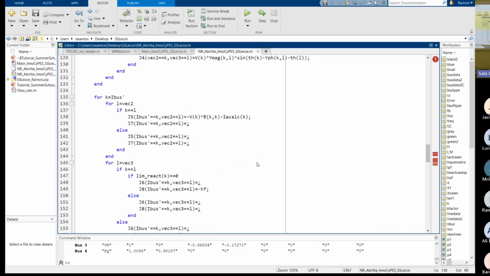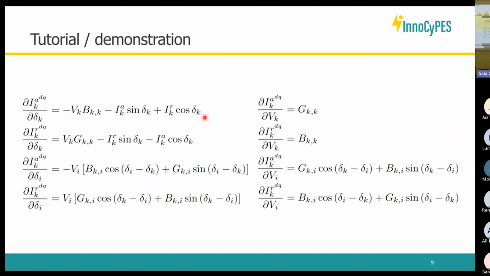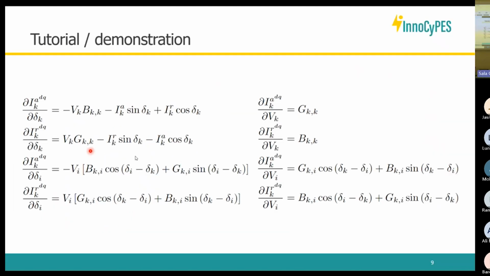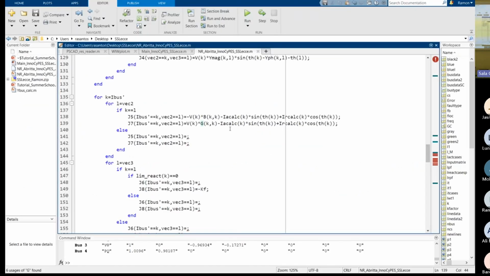Minus active current times the sine of the phase of bus K. Plus reactive current times cosine. Everything should be all right. So the active one is V times G. G is the real part of the admittance matrix, minus reactive current times sine, minus active current times cosine.